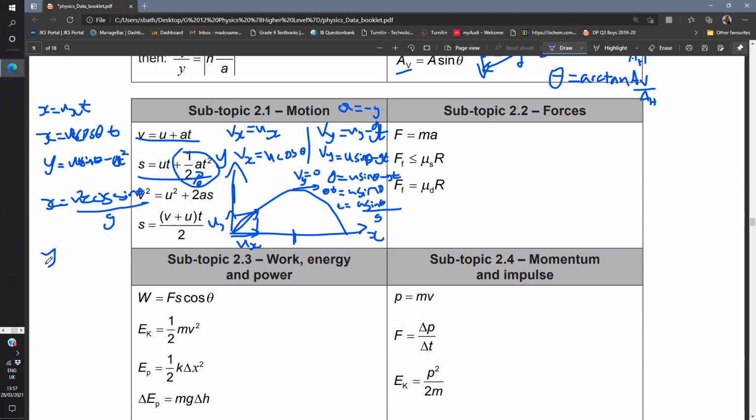And for y, it's going to be a little bit longer, just substituting this. I'm just going to write the final one. It's going to be half u squared sine squared theta over g. You just substitute for t. It's easy.